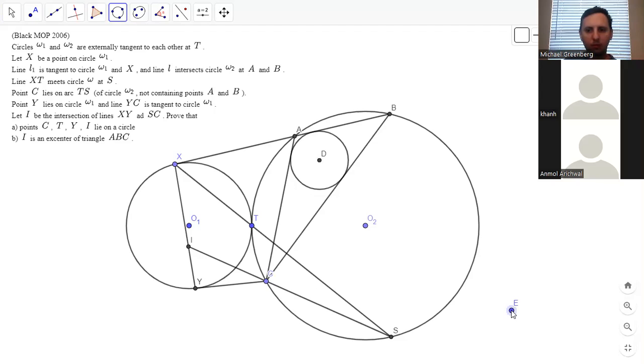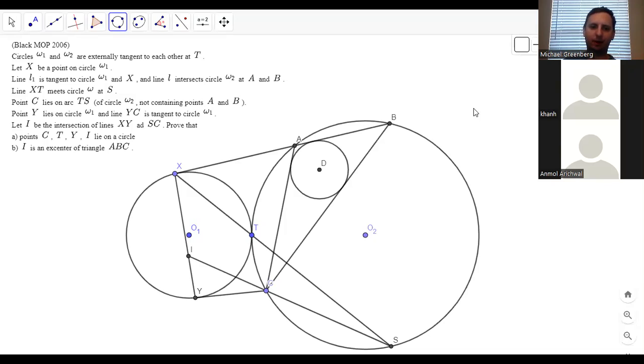Did we solve part A? Oh, no, actually we didn't solve part A. I wonder if that's just like an angle chase. Let's see. Okay, that's trivial by an angle chase.